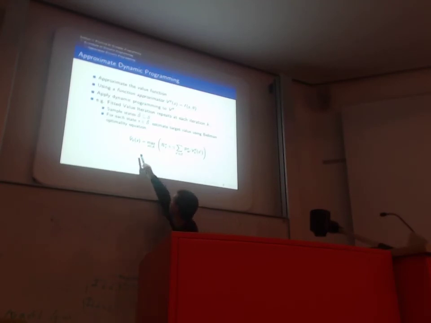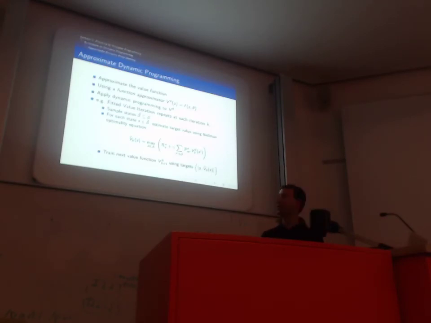We start in state S, we consider the S primes we might end up in, we do our one-step look ahead, and that's the target which we'd like our value function to be. The problem is that these targets might not be representable by a function approximator, so we have to fit to these targets as well as we can, and we do that by supervised learning.